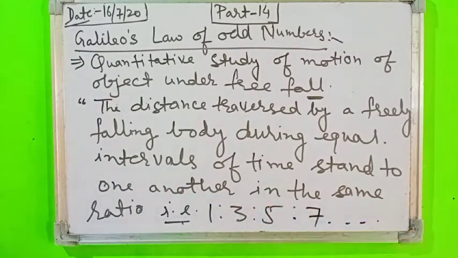Okay students, so this is the statement of Galileo's law of odd numbers. Now we will discuss the proof.